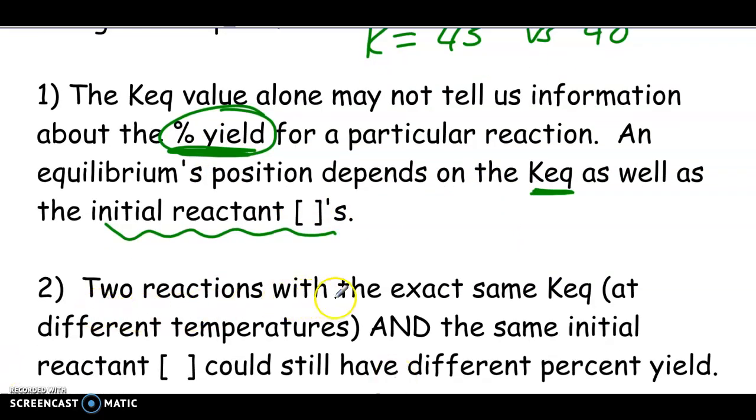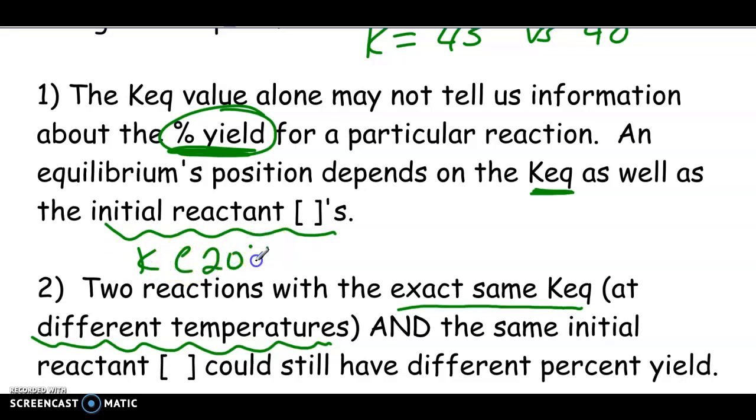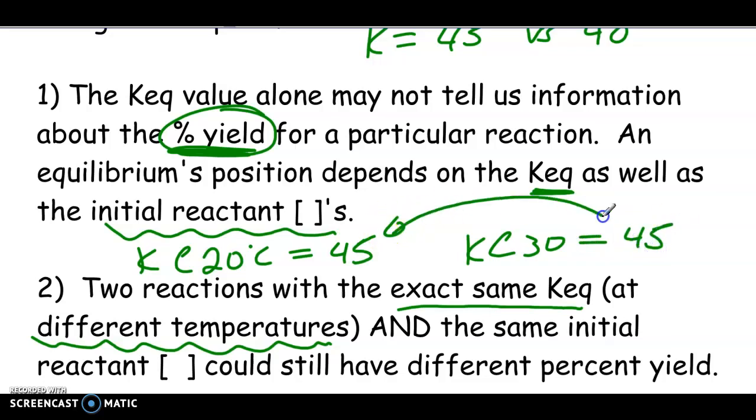And two reactions with the exact same KEQ at different temperatures and the same initial reactant concentrations can still have different percent yields. If one reaction has a K at 20 degrees of 45, and a different reaction has a K at 30 degrees that is also 45, that does not mean they have the same percent yield, even if they start with the same initial reactants.